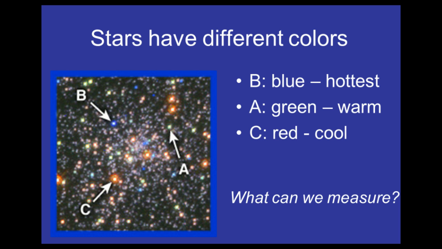Then in your notes, write the 3 examples and their relative temperatures. Blue for hottest, green for warm, and red for cool. We'll be using those later on in this podcast. So get those down in your notes now.